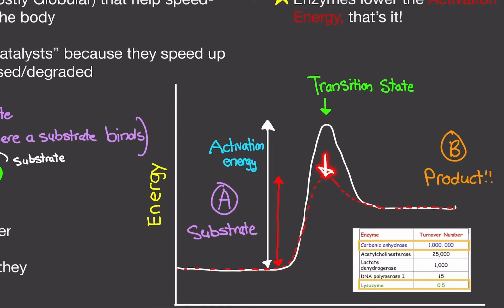We can go to the product side and make our product, or we can go backwards and return to the substrate, where we started from. Sometimes enzymes are designed so they're not that efficient. Sometimes we can make so much product, and sometimes so little product. This is called enzyme turnover rate.